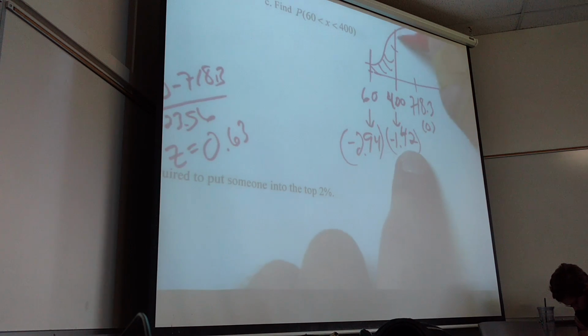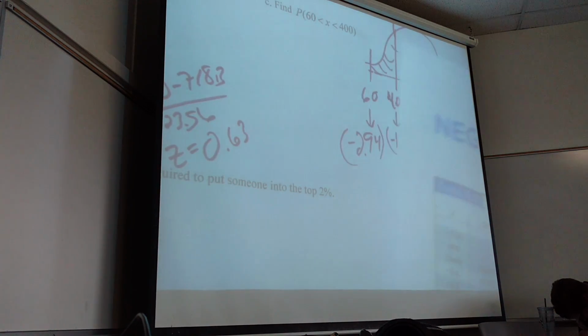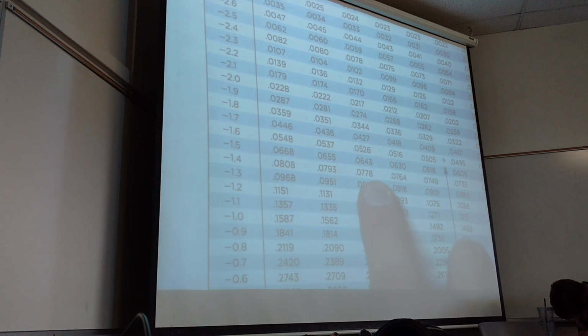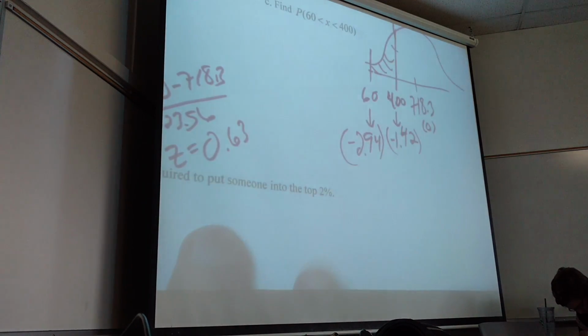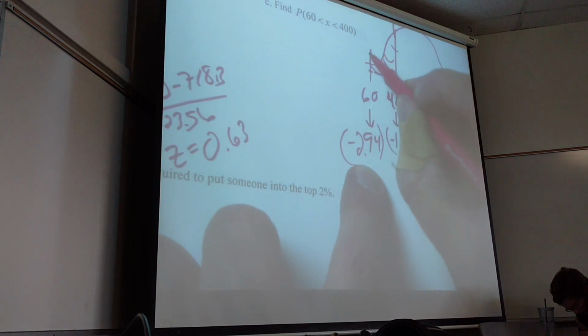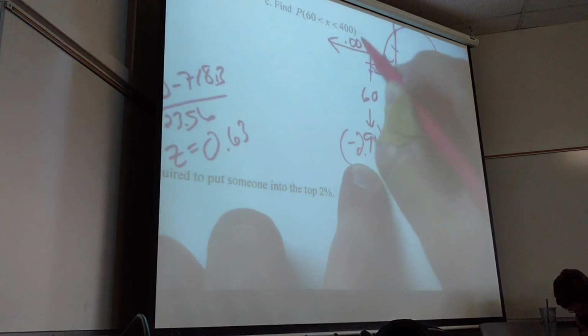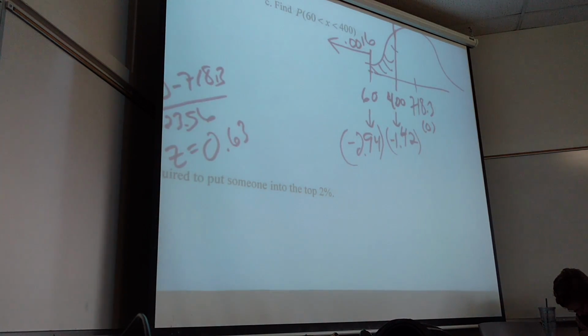Now if I look up negative 1.42, that won't be my answer, it's too much. What do you get when you look up negative 1.42? 0.0778. And when you look up negative 2.94? 0.0016. And then you just subtract those to get the area between.